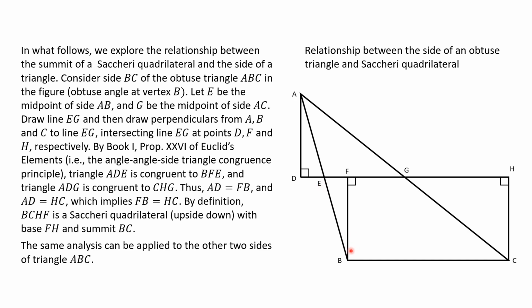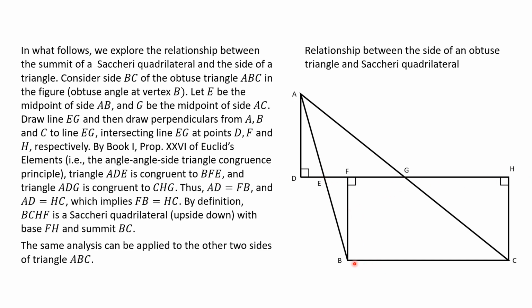Let's take, and it's obtuse, so we can do a different example when all the angles are acute, but in this case, the angle at B is greater than 90 degrees. And so what we do is we take the midpoint between A and B, that point E here, and then we take the midpoint between A and C, it's the point G. Then we draw a line between E and G. We just extend the line out here.